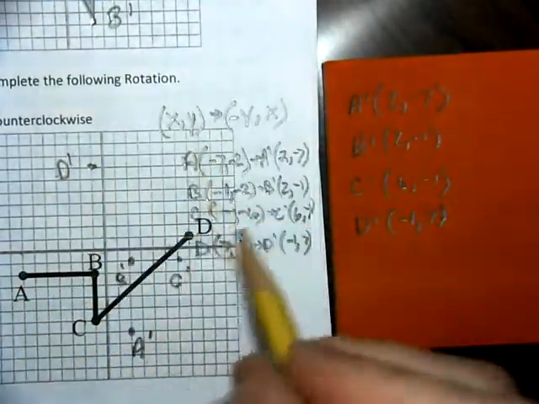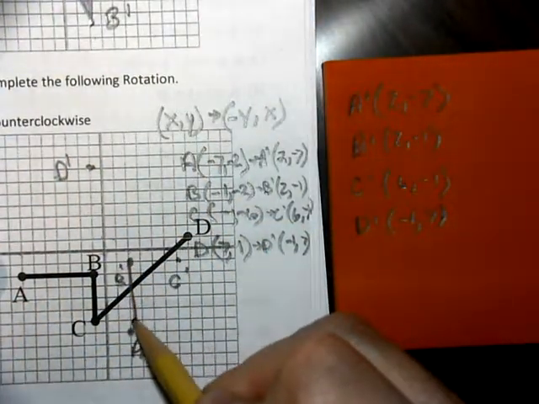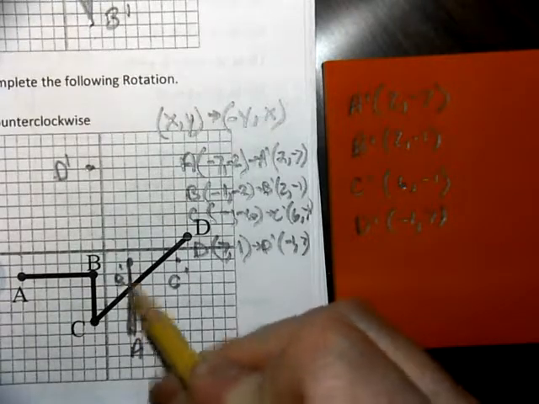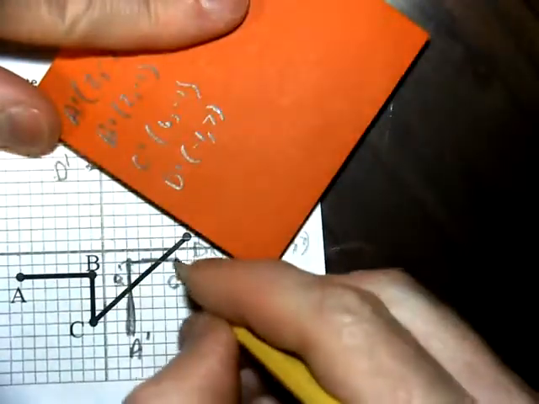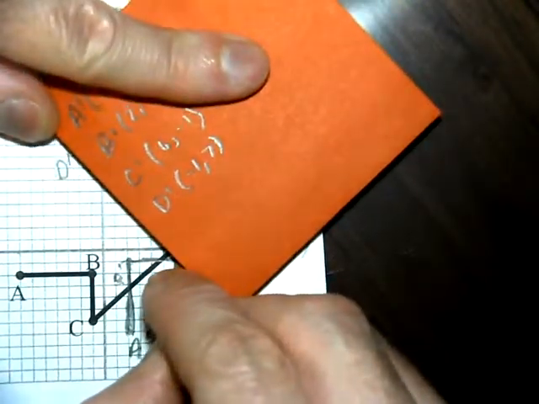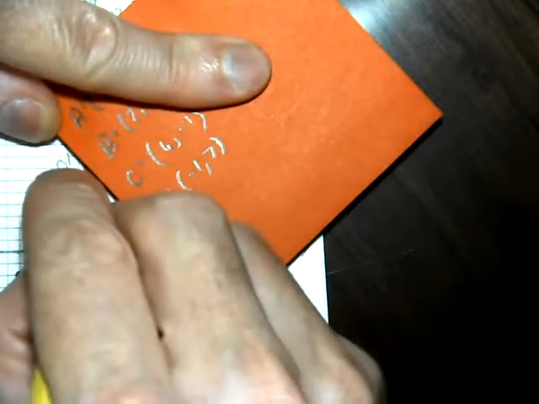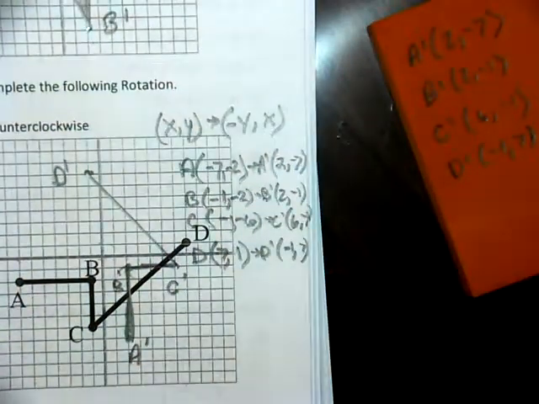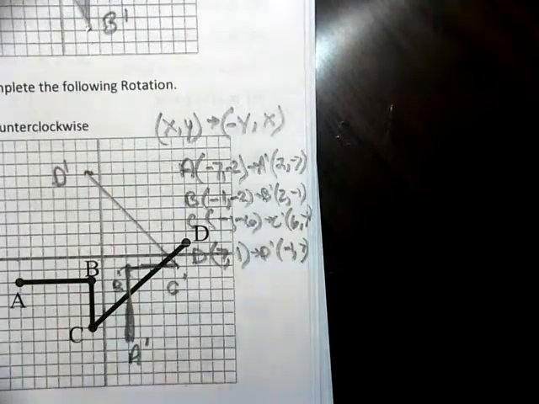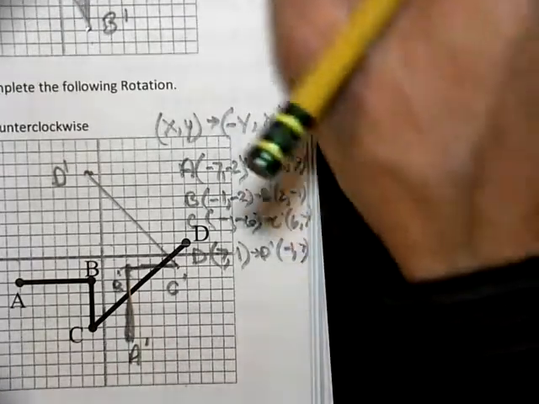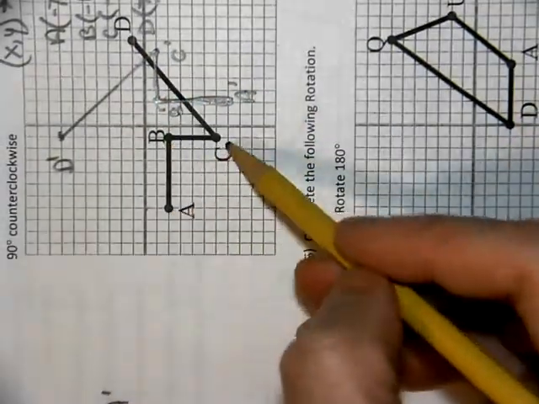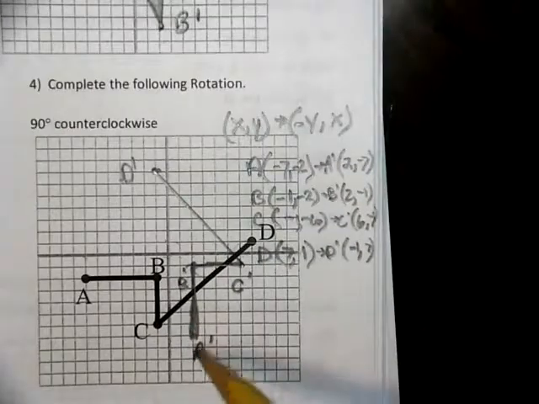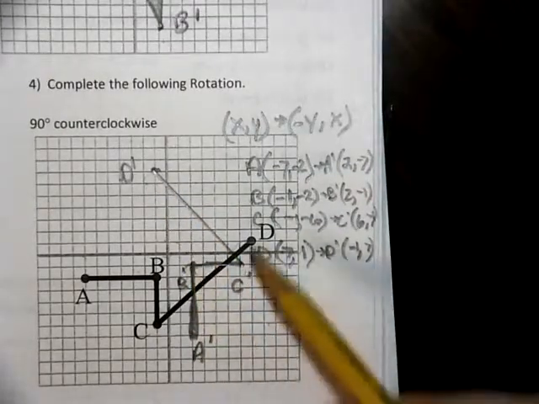That's our D prime. And there it is. Perfectly rotated 90 degrees. And you can test that by rotating it and seeing how it would lay in there. A, B, C, D. We graphed it. A, B, C, D. A prime, B prime, C prime, D prime.